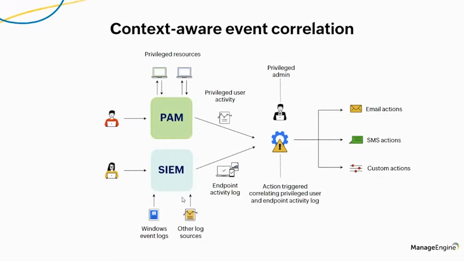So in this case, the SIEM solution will recognize that this user has logged into the system and send that message over to PAM, and PAM will recognize that it doesn't see this password being shared with this user. Then how come this user was able to log into this Windows machine? So you can create custom actions for this and say, send me an email when somebody logs into a box that they are not supposed to log in to.